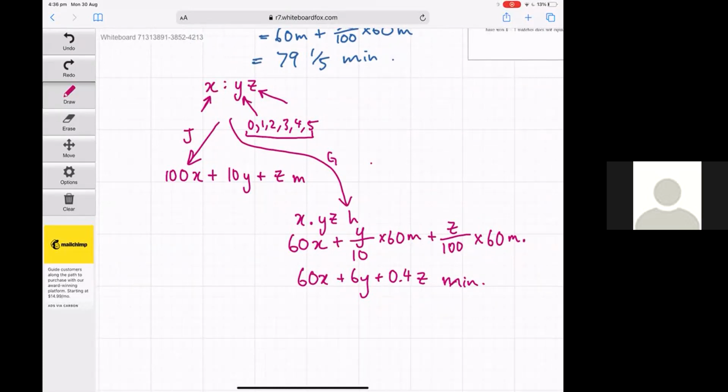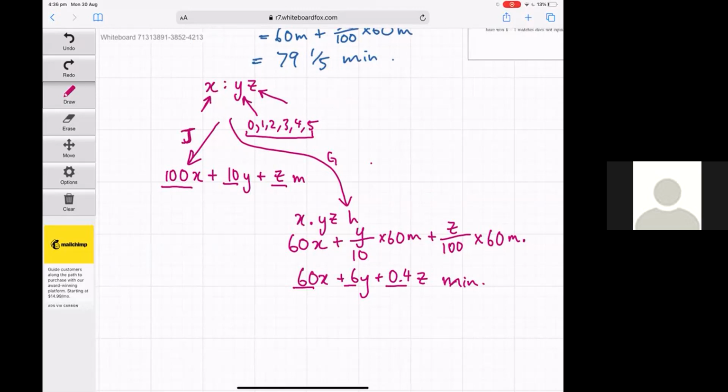The reason is that each of these coefficients, 100, 10, and 1, is bigger than the coefficients for Gaston, 60, 6, and 0.6. And because X, Y, and Z are all whole numbers, Jordan always reads it as a longer time.